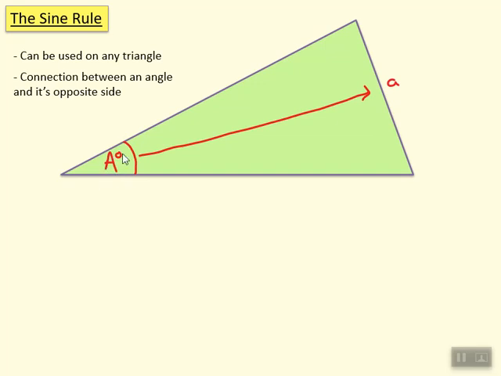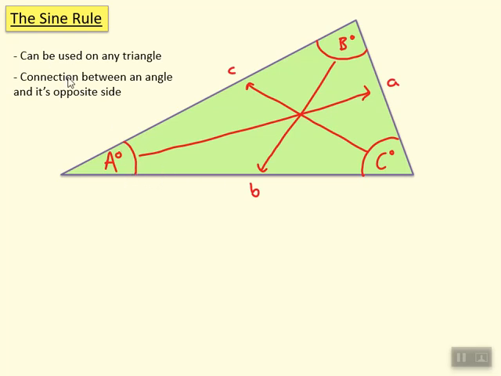The angle is capital A, and its opposite side is little a. Now, let's label all the corners first, because that's important. If this is capital B, then the side opposite it would be little b, and if this is capital C, then the opposite side to it is little c. Okay, so that's how you label the triangles.